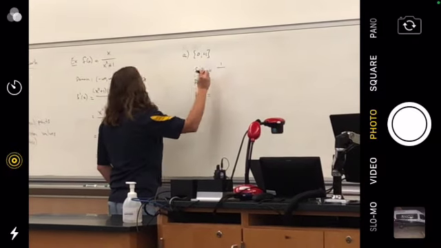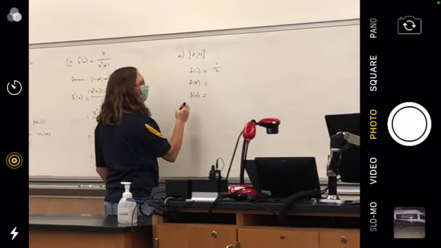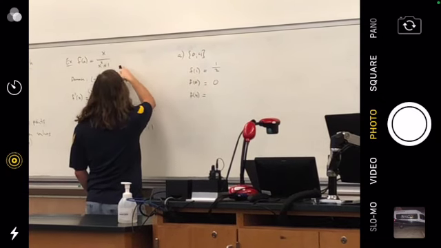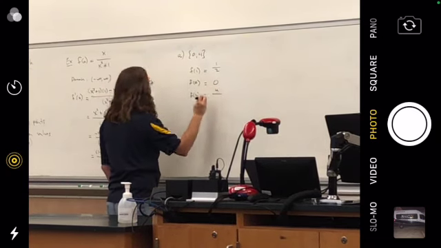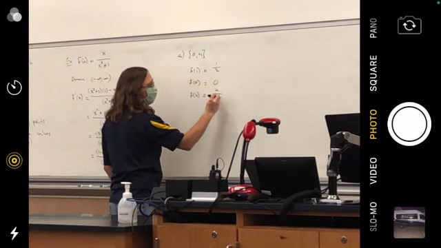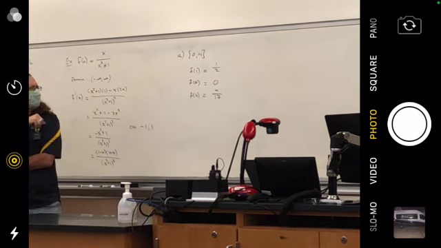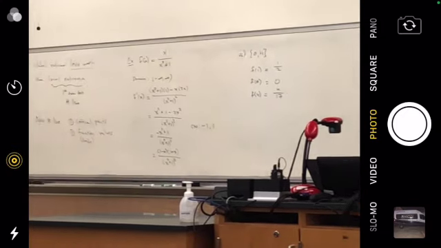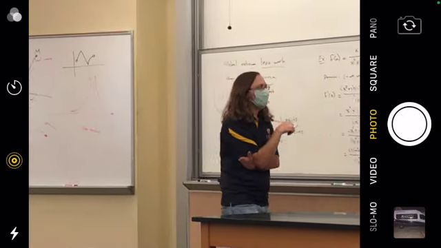So this would be 1 over 2. What about 0? 0. And if I plug in 4, I get 4 over 17. Is it bigger than 1/2 or less than 1/2? Less.